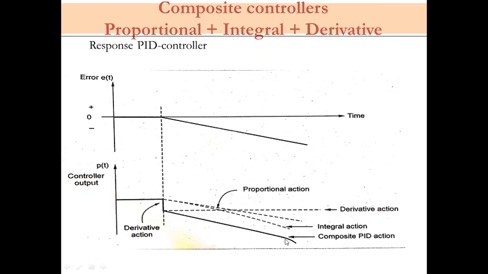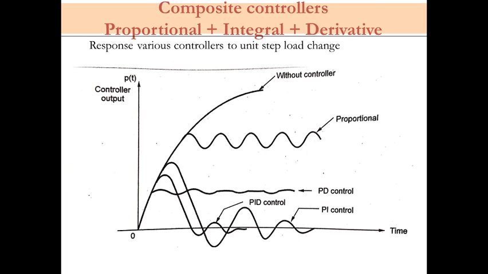If you use only the PD controller, that is a proportional and derivative controller, it improves the transient response. If you use a PI controller, it will improve the steady state response. If you use the combination, it will improve the transient as well as steady state response of the system.